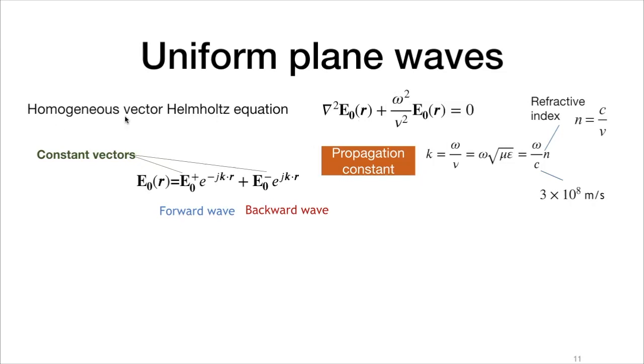It gives us the homogeneous vector Helmholtz equation, which is the time-independent wave equation, from which we can know the solution of the phasor electric field, which is a forward wave and a backward wave, whose amplitudes E node plus or E node minus depend on the generating source and the boundary conditions, which tell us whether we have a forward traveling wave in the positive direction or a backward traveling wave in the negative direction.